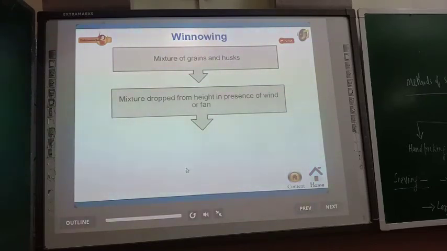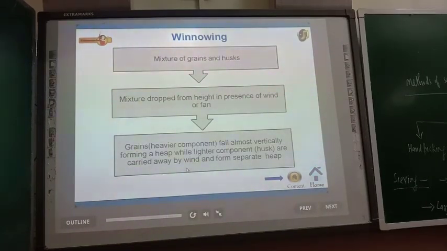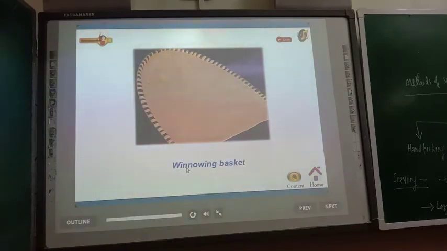Grains almost fall vertically, forming a heap, while husk is carried away by the wind and forms a separate heap. In winnowing, a mixture of grains and husks is taken in a winnowing basket.